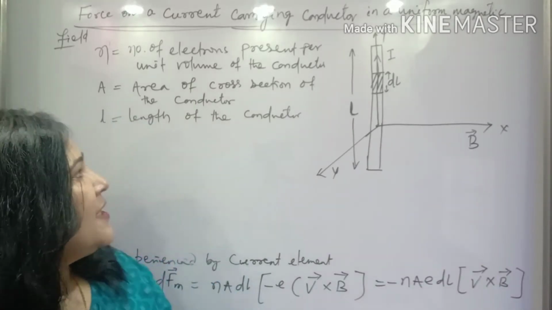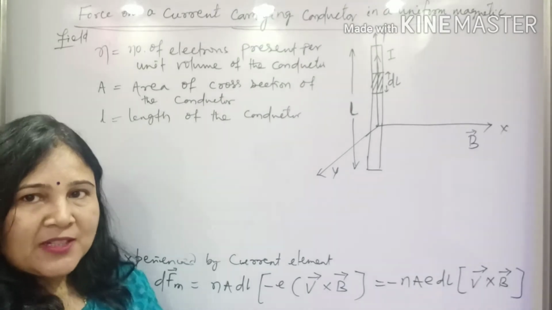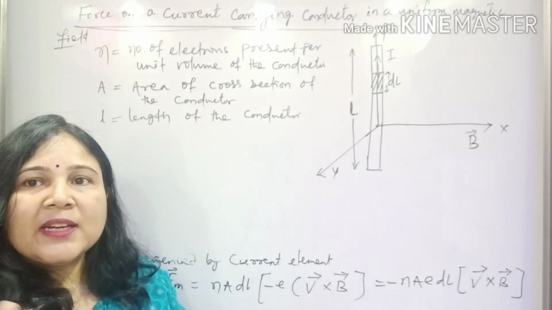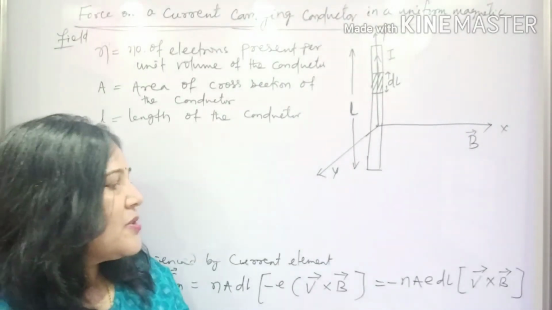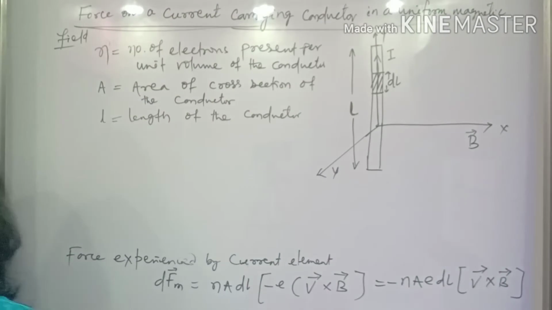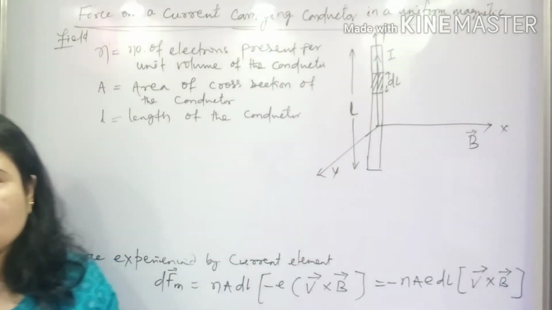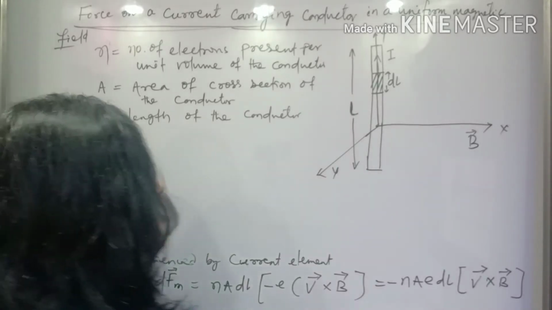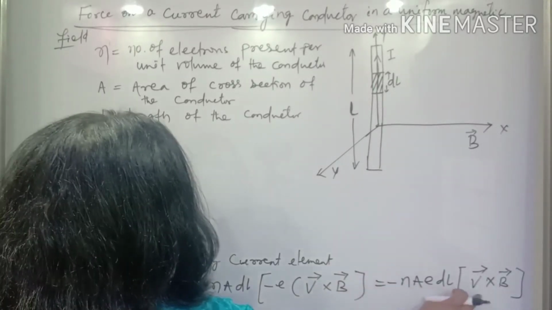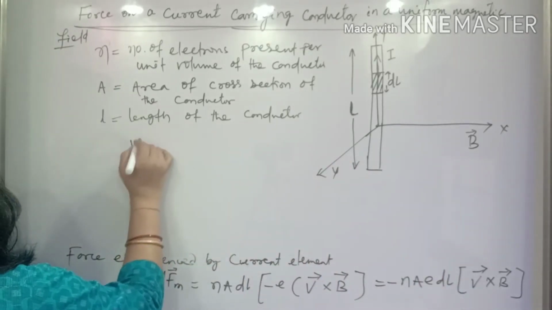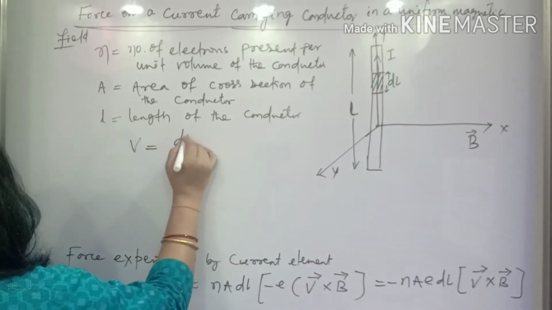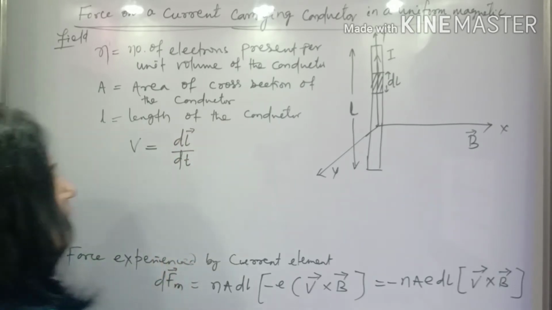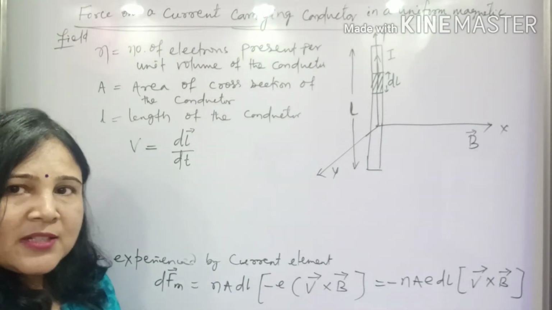Now look at what I said: V stands for the drift velocity. And what is the direction of the drift velocity? The drift velocity's direction is just opposite to the current's direction, or you can say the positive charge direction. So in case of V, I can write V equals dl by dt, because velocity is displacement by time.